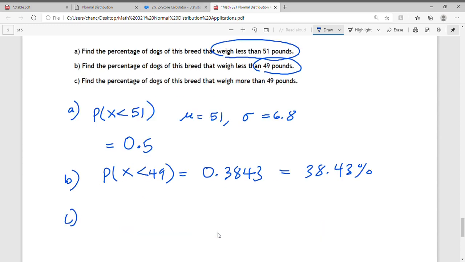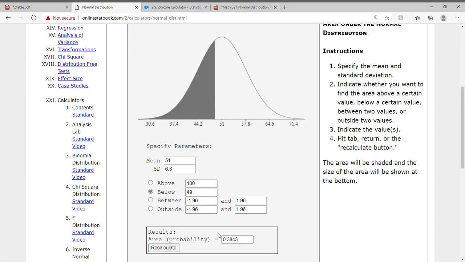For part C, we want to find the probability that this breed weighs more than 49 pounds. So we're looking for the probability of X being greater than 49, and we could do it several different ways. We could take the part B and subtract it from 1, or we could just use our calculator. So let's go to our statistics calculator, and I want to be above, and we'll enter here 49.